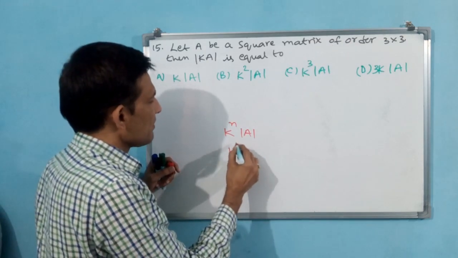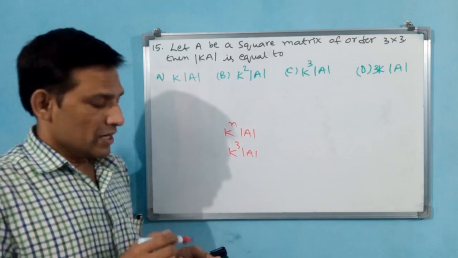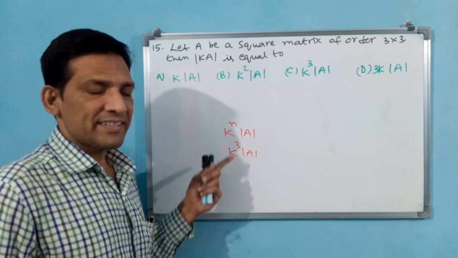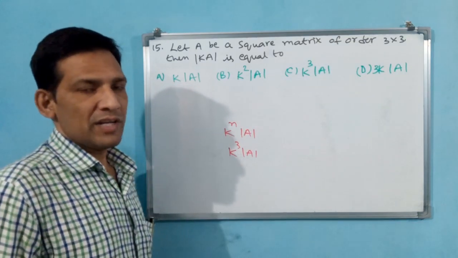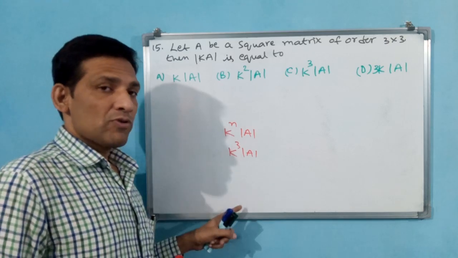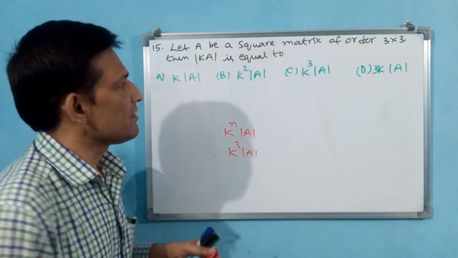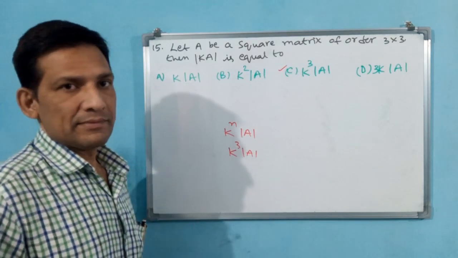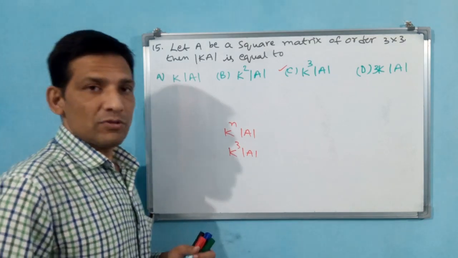That means k to the power 3 determinant A will be the answer. You see, in determinants the order is n. In matrices the order is m by n, m into n. 3 by 3 means here we have to take 3 only. k cube determinant A, where is it? In C. This you have to keep as the answer. Okay, let us go for the 16th question.